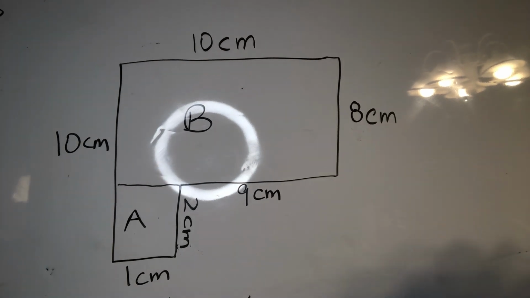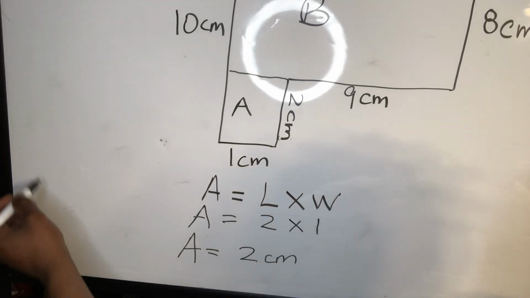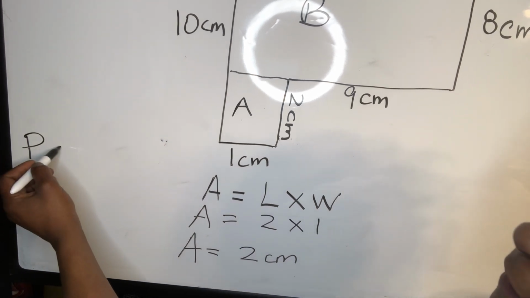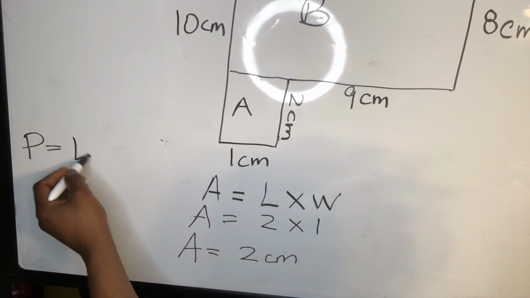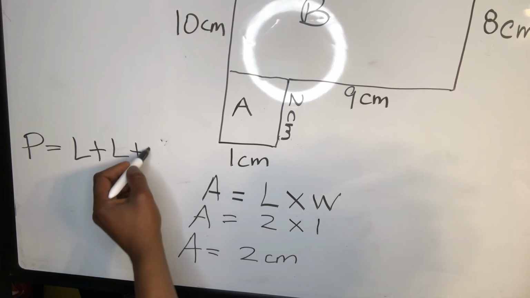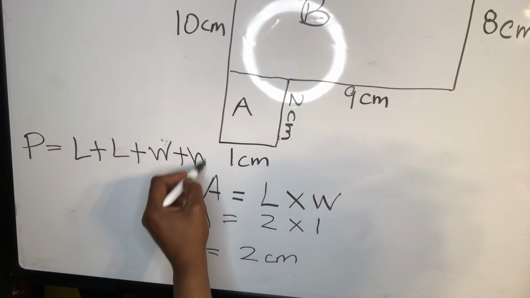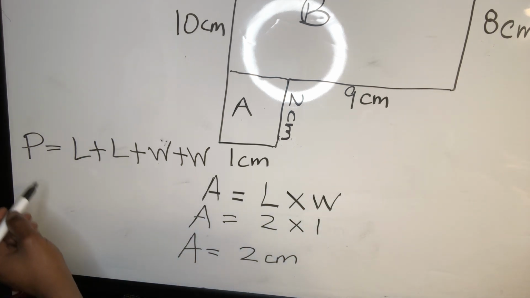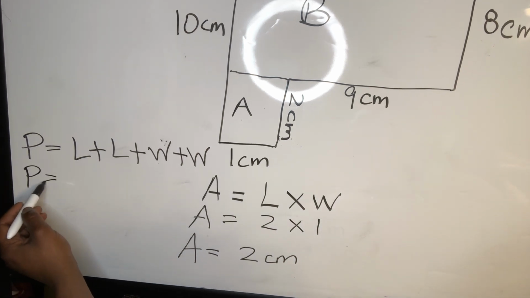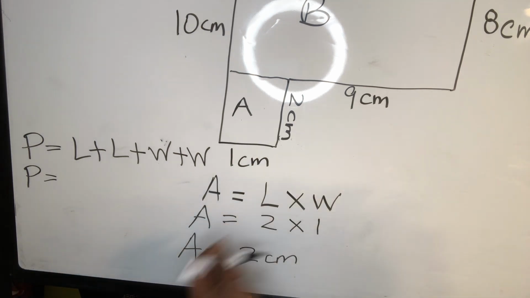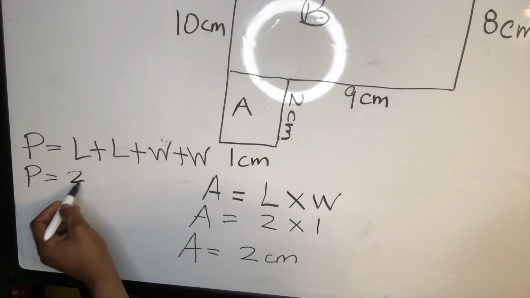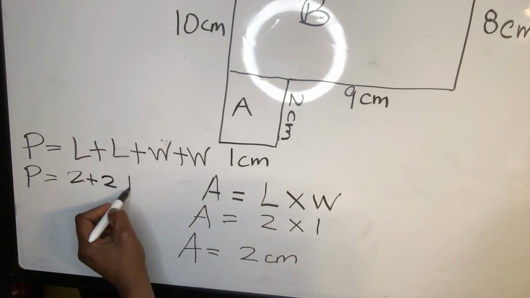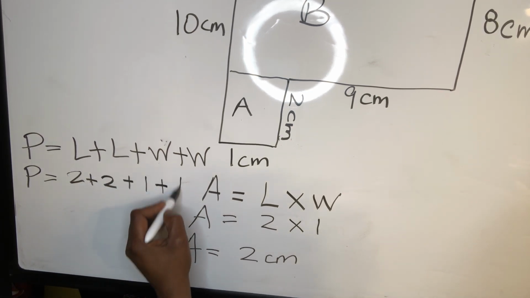All right, so now we're going to take the same shape A, and we're going to do our perimeter. Our formula, again, is P equals L plus L plus W plus W. So now we're going to substitute: P equals, our length was 2, so that's 2 plus 2 plus 1 plus 1.